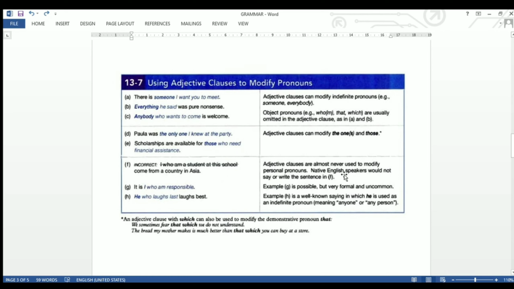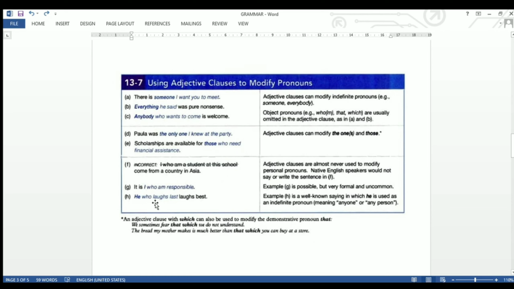Native English speakers would not say or write the sentence in F. Get it? Okay. "It is I who am responsible." Example G is possible but very formal and uncommon.